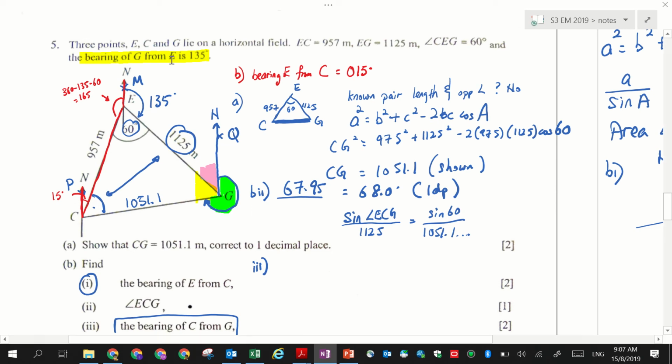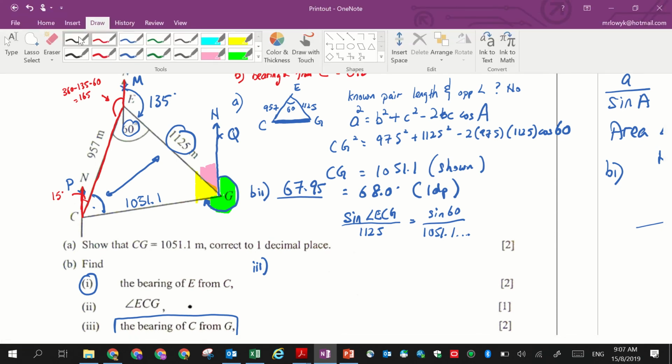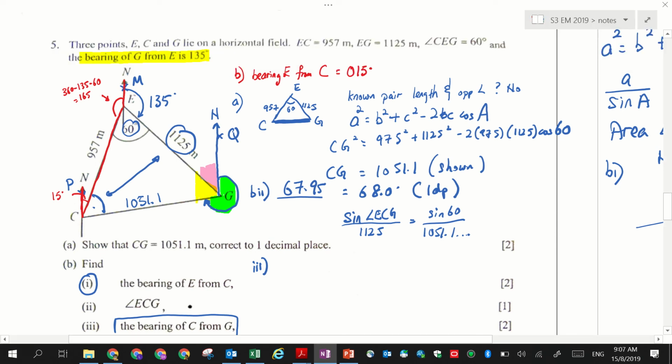Do you see that there's a 135 on top? I use green color. Do you see that this is one line, and one line? So it's a parallel line. Same as the other side. So usually the pink angle is just 180 minus 135.